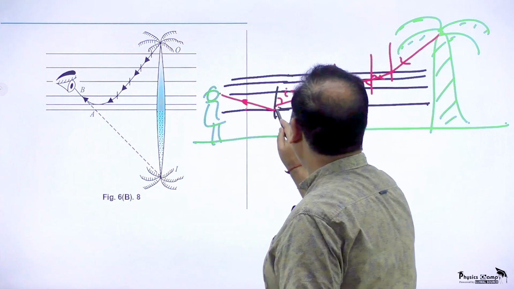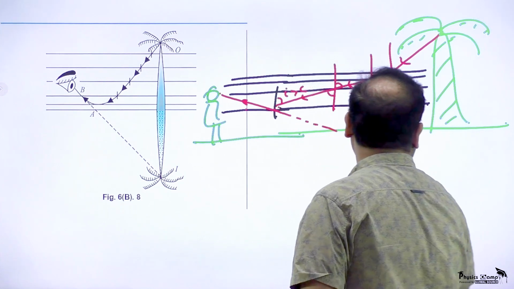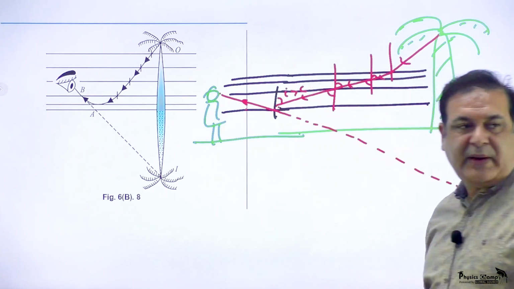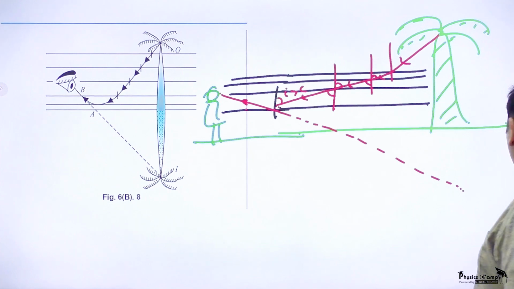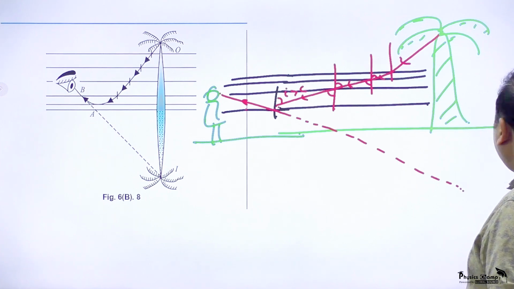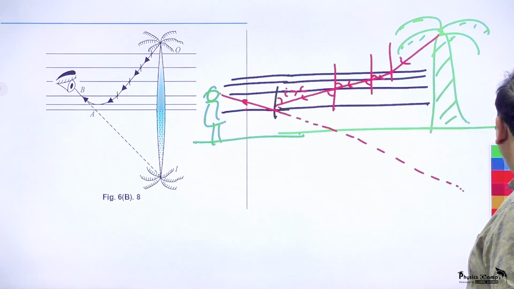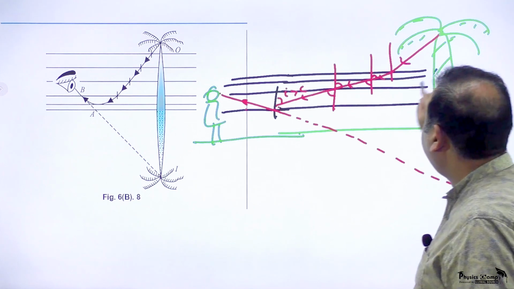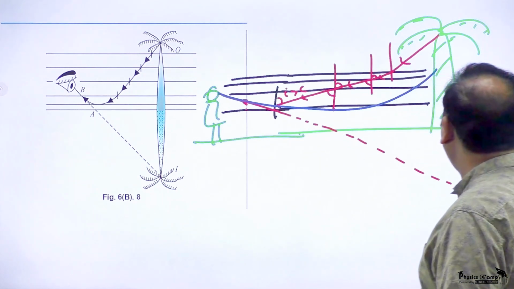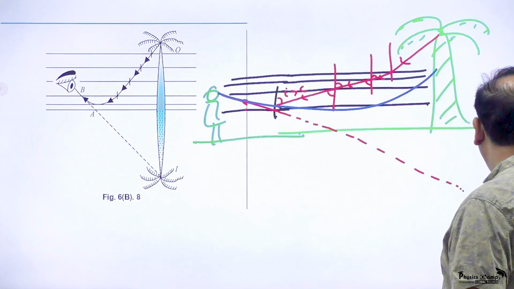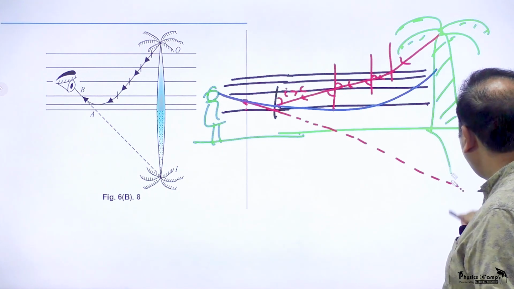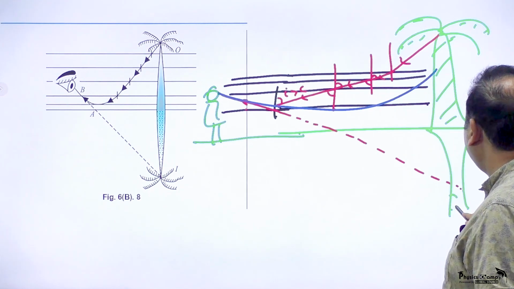To you, it will appear as though this ray is coming somewhere from here. And it is not only for a ray traveling from this part of the tree. From every part of the tree, if a ray is traveling from here or from some other part, as a whole, you will get an inverted image of the tree.